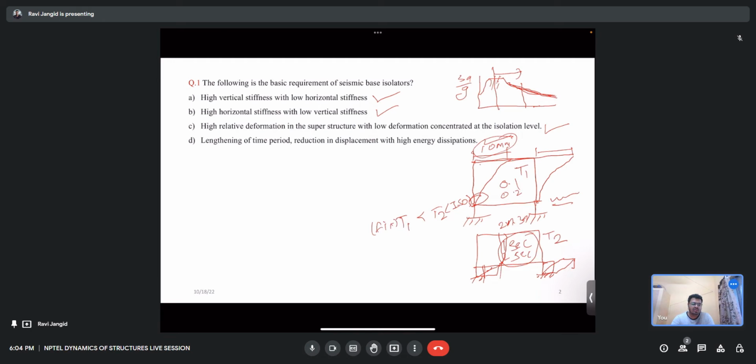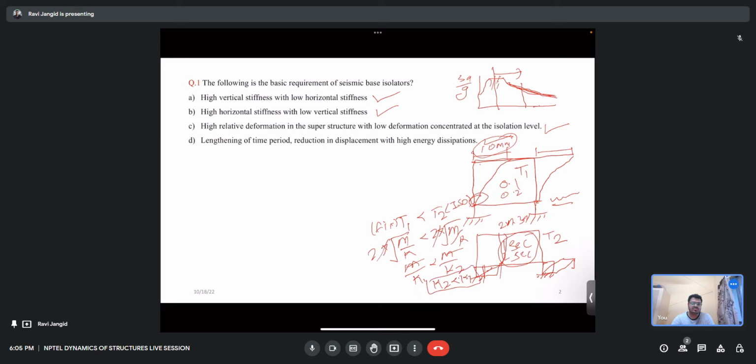So how does the time period depend on stiffness? T1 is equal to 2 pi square root of m by k1, and T2 is 2 pi square root of m by k2. If the mass is the same in both structures, then k2 will be less than k1.